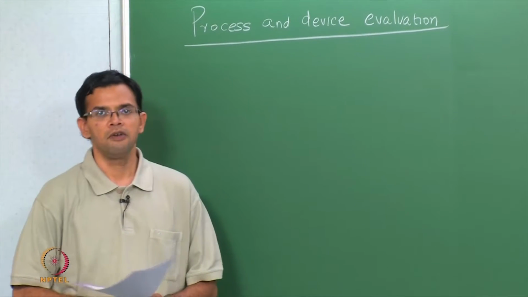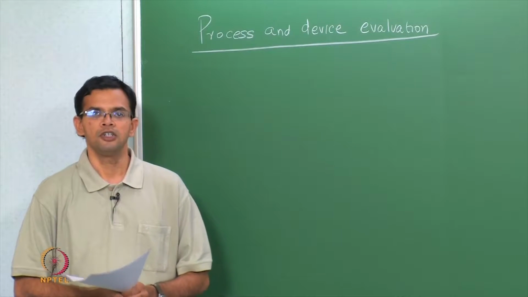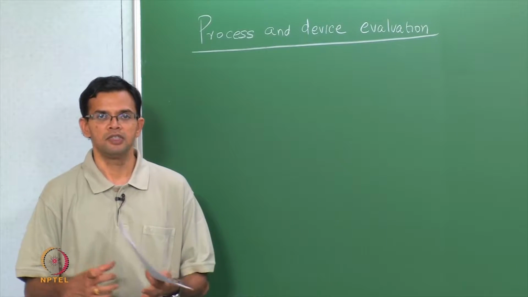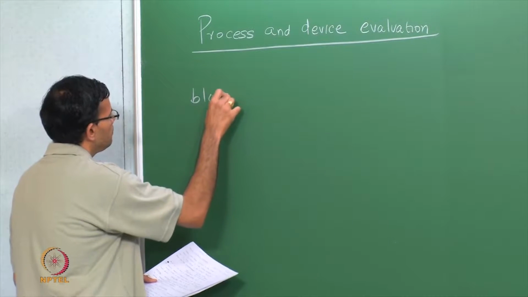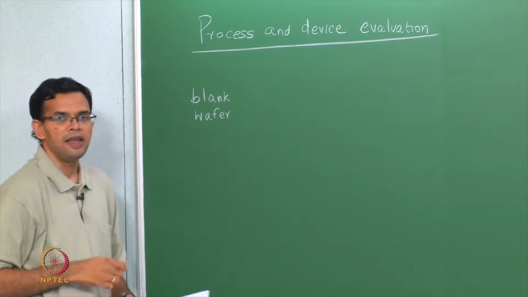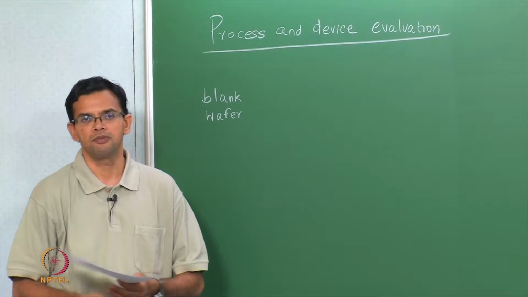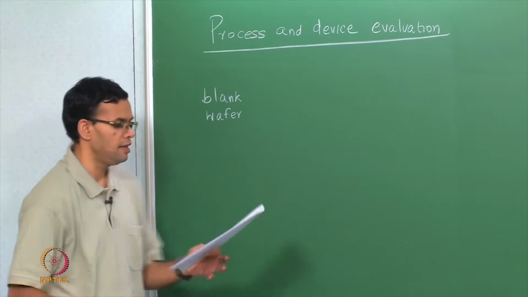So, process evaluation is something very critical, and if you think about it, a typical IC fabrication process starts with a blank wafer. At the end of the process, the blank wafer goes through various fabrication processes. You can think of this in terms of an assembly line.